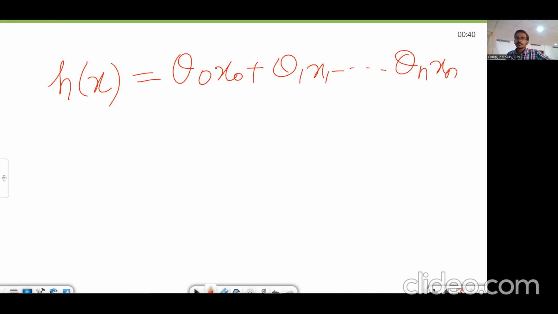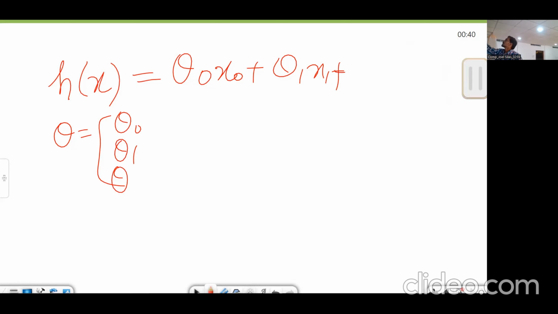Now, if we want to represent this in the form of a matrix, let us consider theta is a vector. A vector is nothing but a single dimensional matrix. Single dimensional in the sense that either the number of rows will be 1 or the number of columns will be 1. So suppose we have considered only 3 parameters.